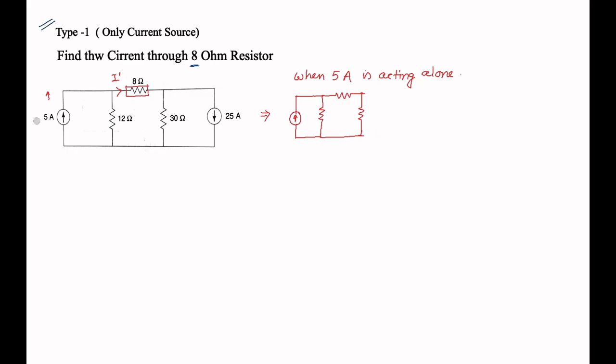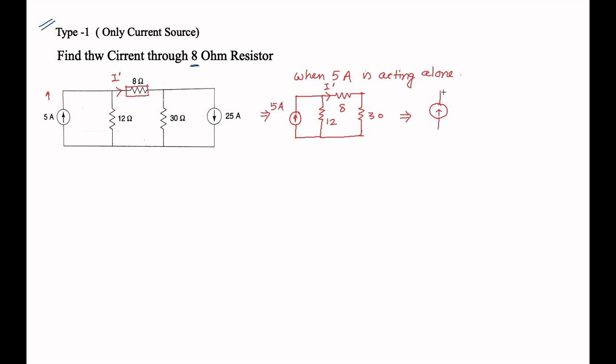Now the circuit looks like this. This is 8 ohm, this is 12 ohm, this is 30 ohm, and this is the 5 ampere current source. The current which is flowing over here is I dash. Now we can simplify the circuit, because you see that 8 ohm and 30 ohm are in series.